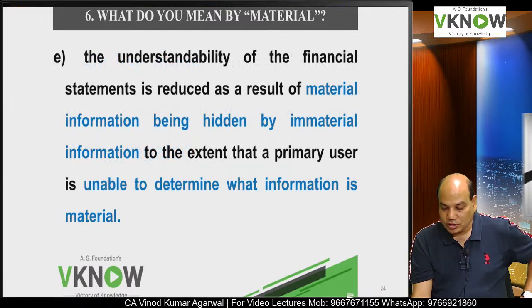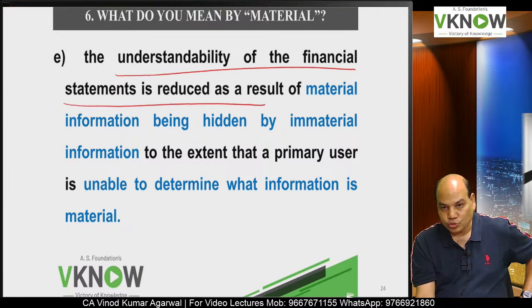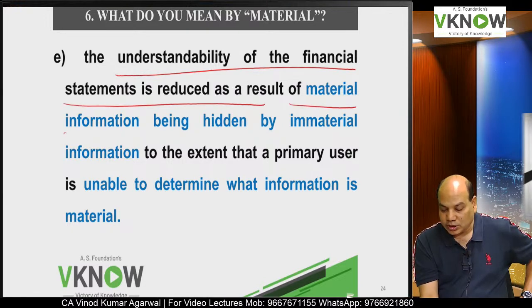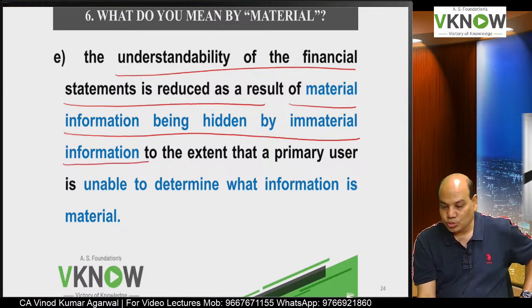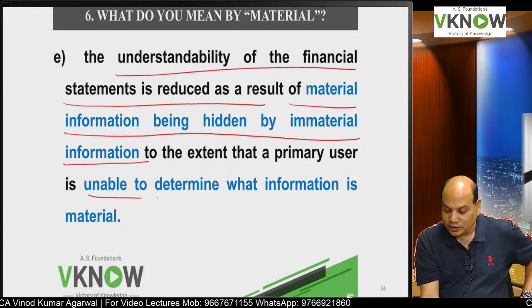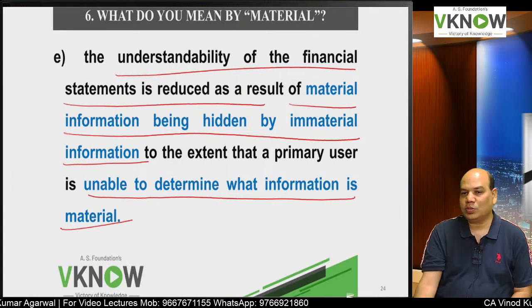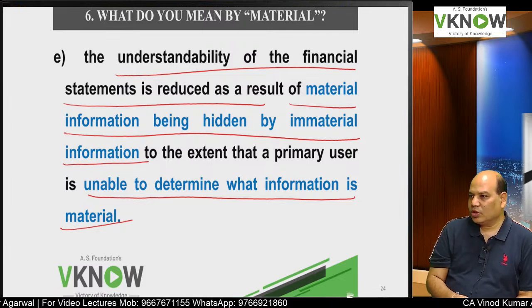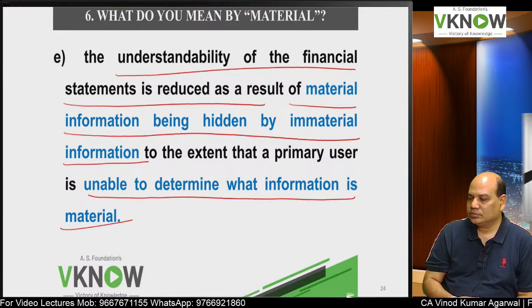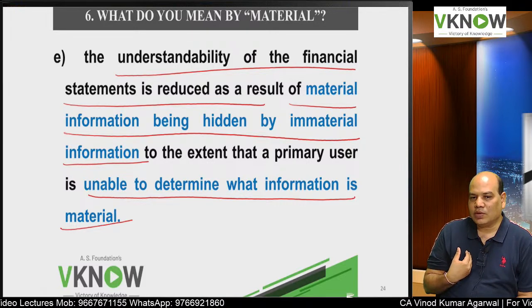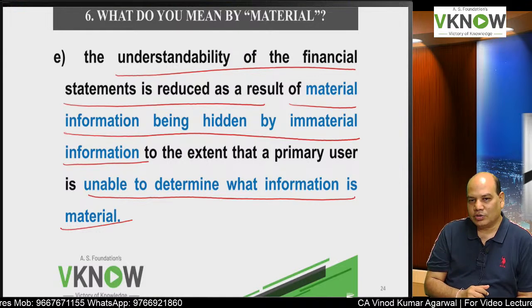Useless. Next is that the understandability of the financial statement is reduced as a result of material information being hidden by immaterial information, to the extent that the primary user is unable to determine what information is material. Too much information. If you see their notes, they are drafted in long, lengthy paragraphs. Even we are qualified people, we are not able to fully understand what they are trying to write.